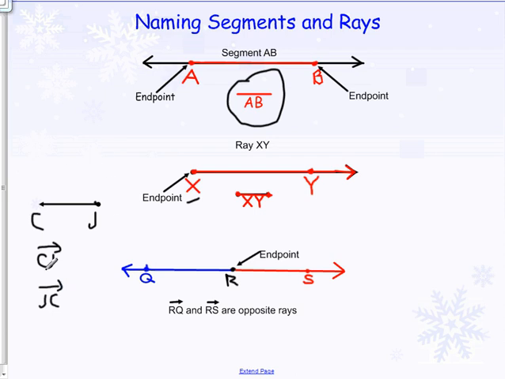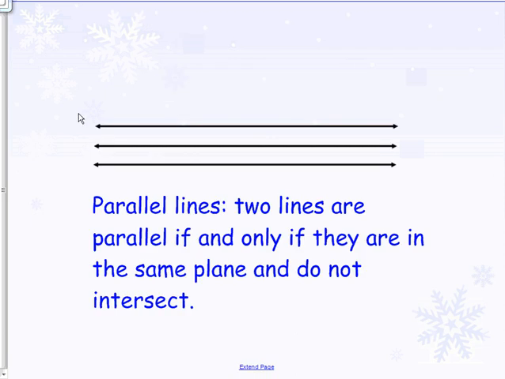Now, opposite rays, as I said before, are rays that just share the same endpoint. So in this case, we have ray RS and ray RQ, and they are opposite rays because they both share the endpoint of R. The next vocabulary word is parallel lines, which you have heard about many times before.